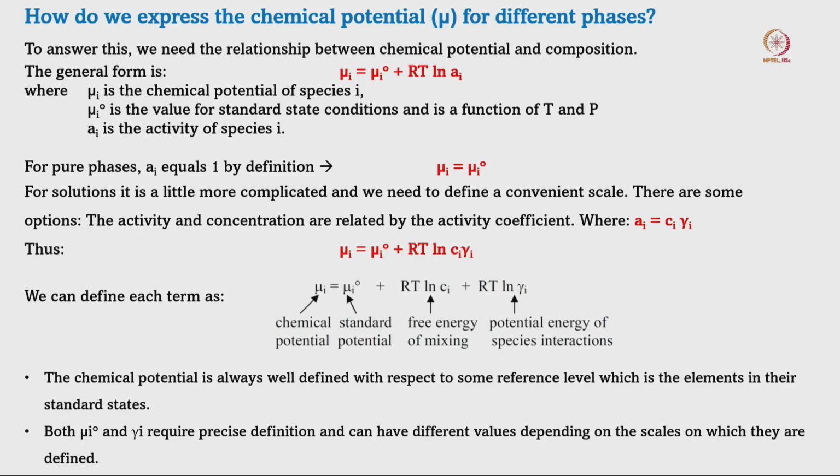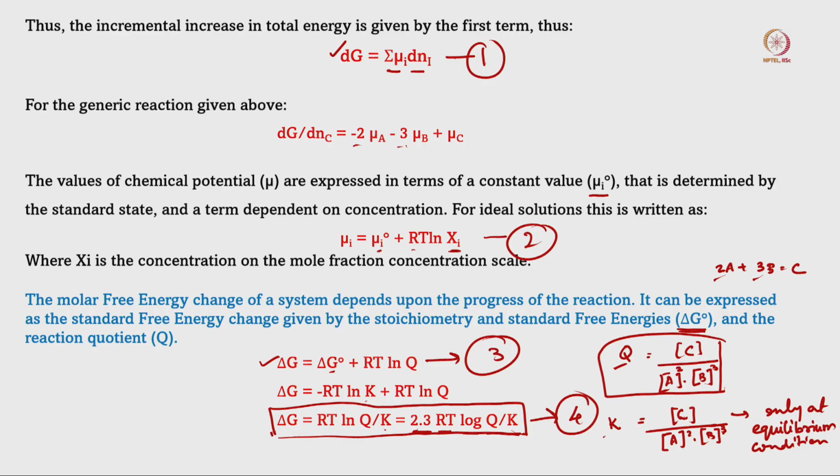Now, let us talk a little bit more in detail about this chemical potential term. Since we are doing aquatic geochemistry, we are going to delve a little more into this mu term. What is mu? As I have already said, in the previous slide we said mu i is equal to mu i 0 plus RT ln xi.